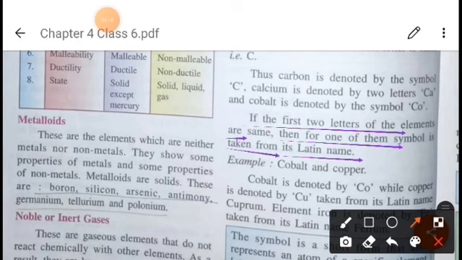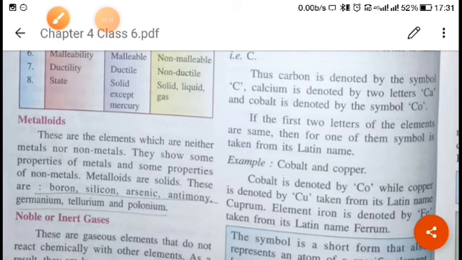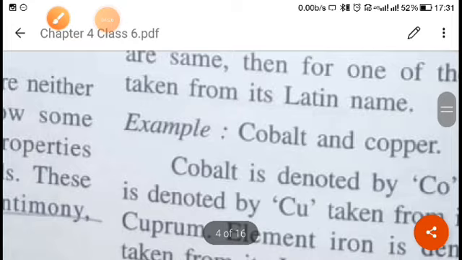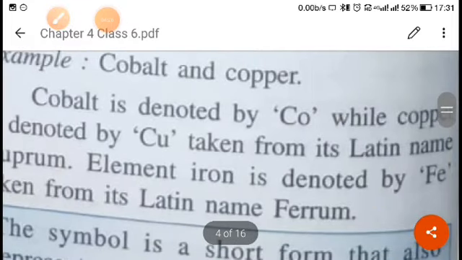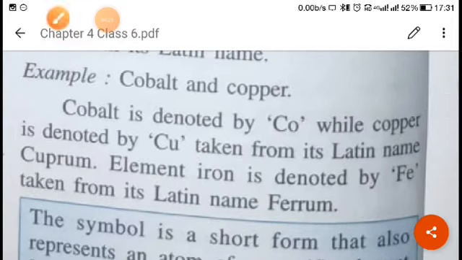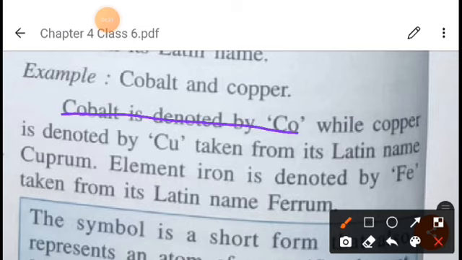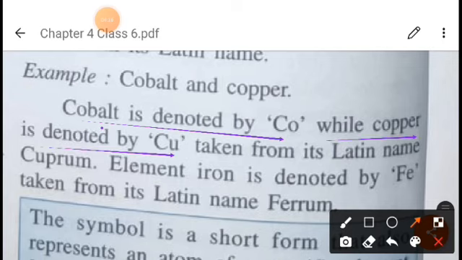Cobalt is denoted by Co, and copper also starts with C and O, the same two letters. So in this case, cobalt is denoted by Co, while copper is denoted by Cu.